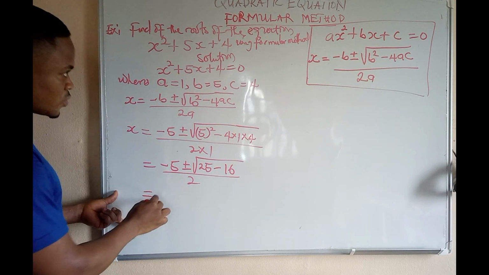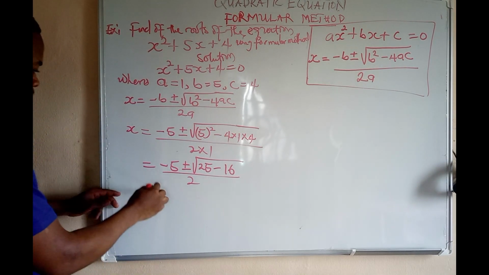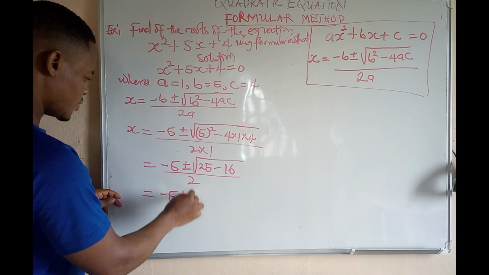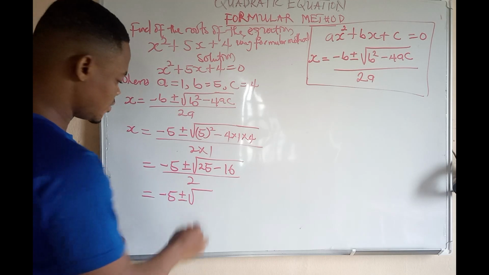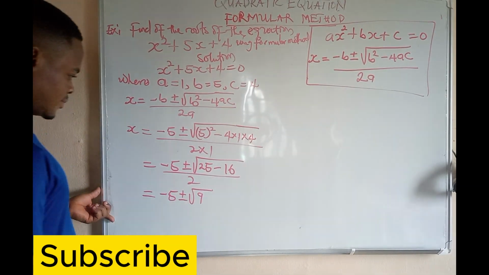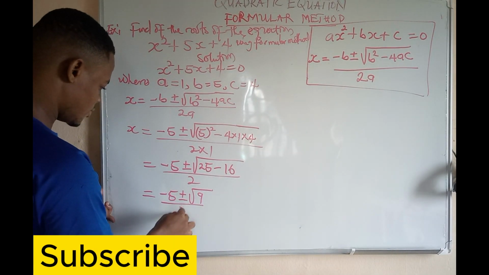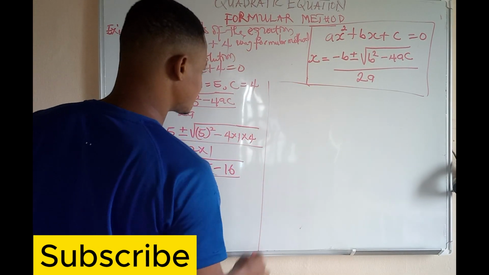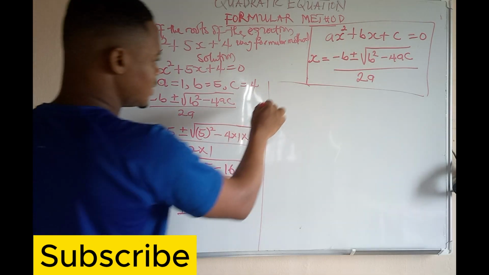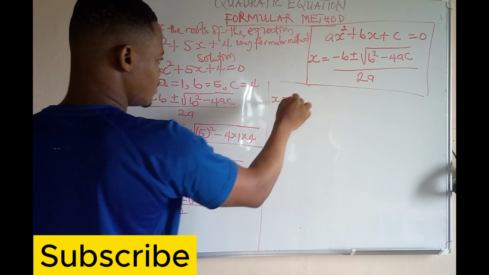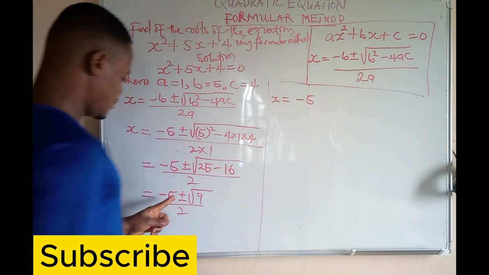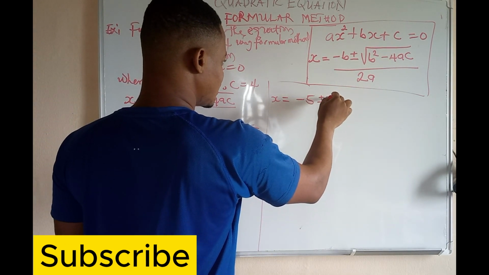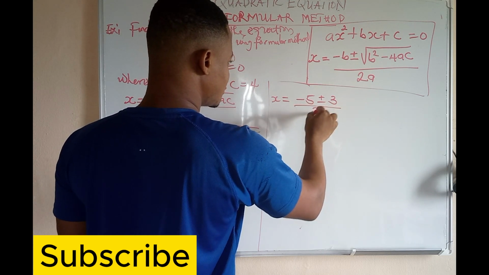And this should be equal to minus 5 plus or minus the square root of 25 minus 16, which gives us 9, divided by 2. So let's continue from here. We have x equal to minus 5 plus or minus the square root of 9, which is 3, all over 2.